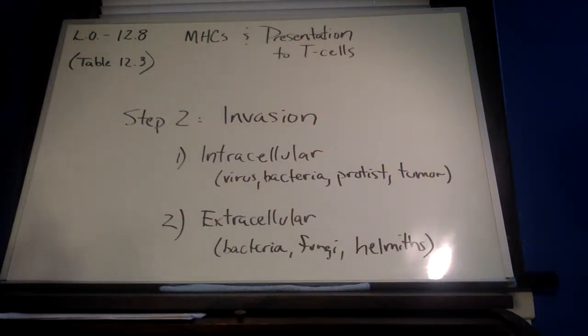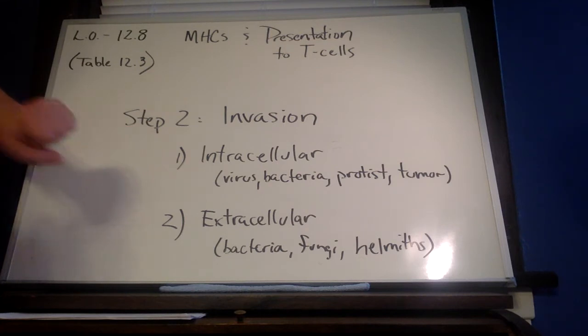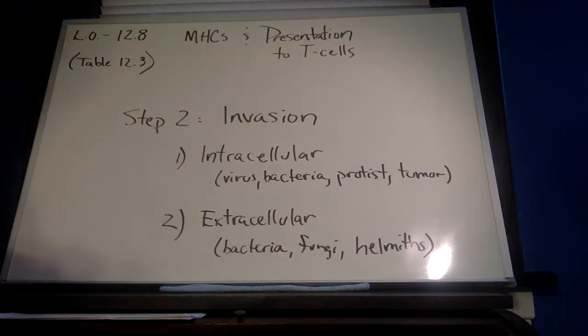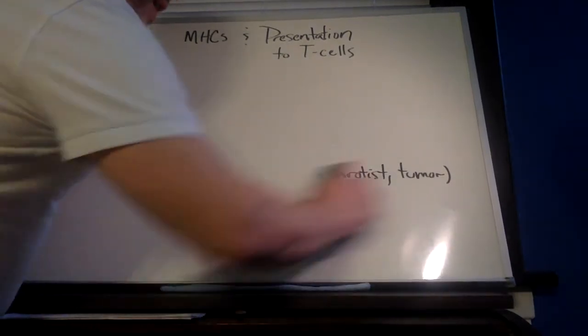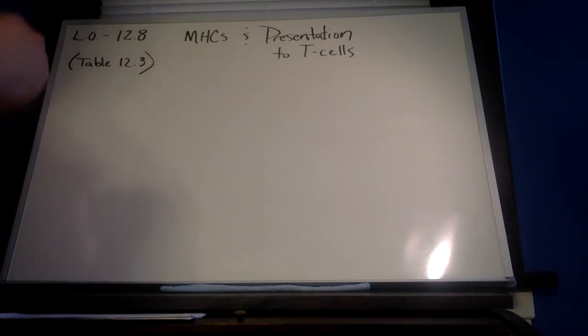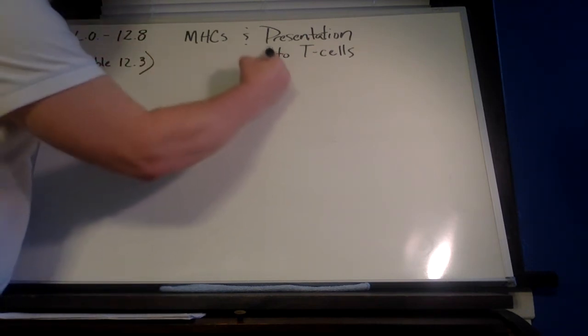They live extracellularly. Depending on the lifestyle of your pathogen will determine how it is taken care of in presentation. So, phase 1 of the cellular adaptive immune response is presentation.